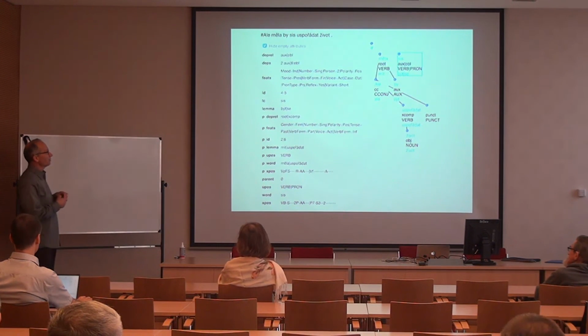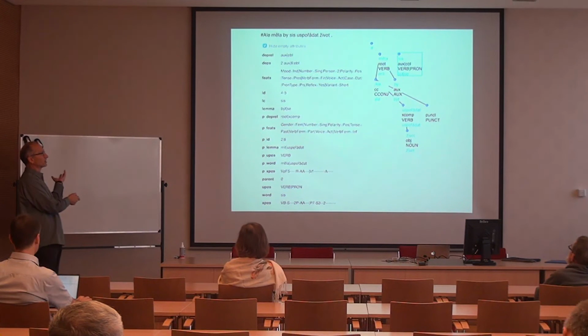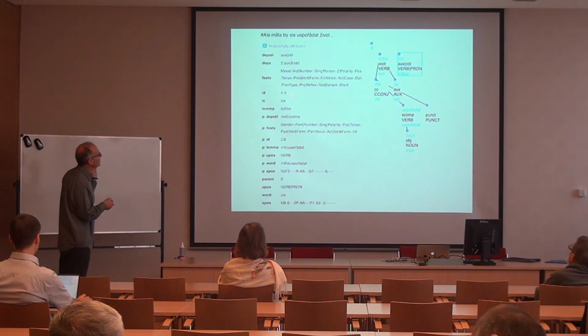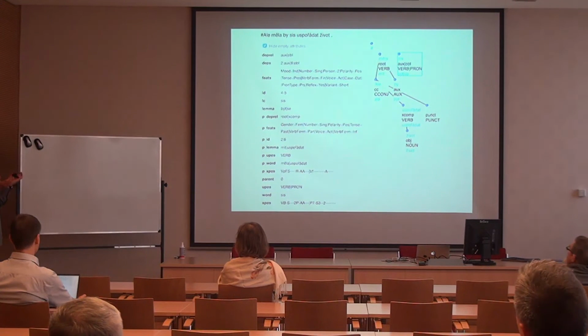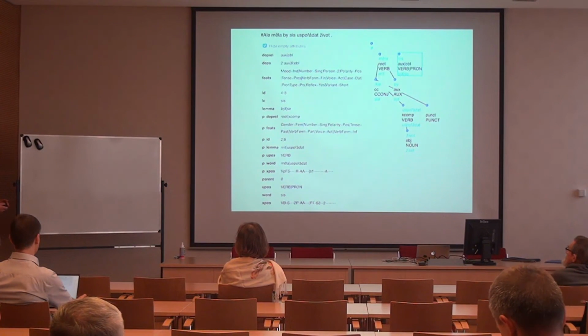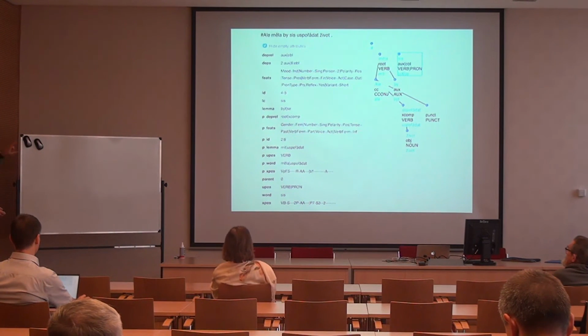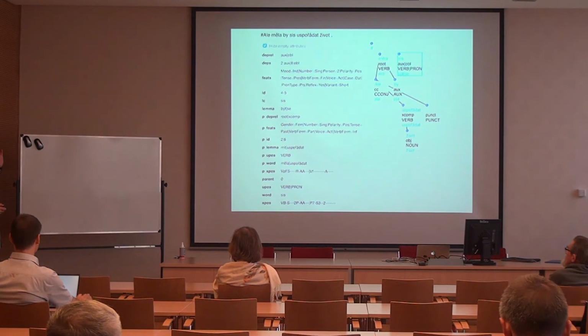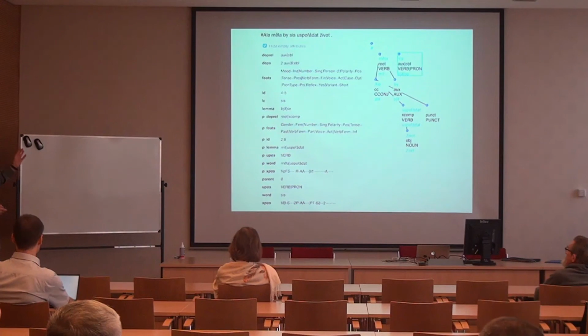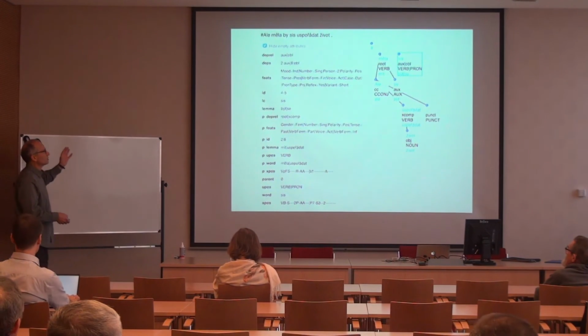So it may even happen that you have number singular here and number plural here in the first part, and then again number singular in the second part, and you have no clue where the border is. So this is the way an actual corpus looks like, built from universal dependencies.